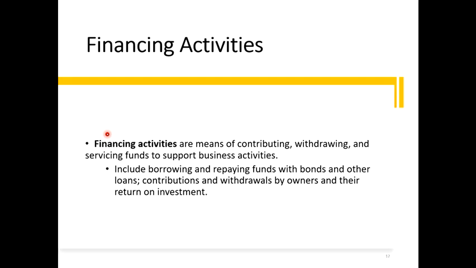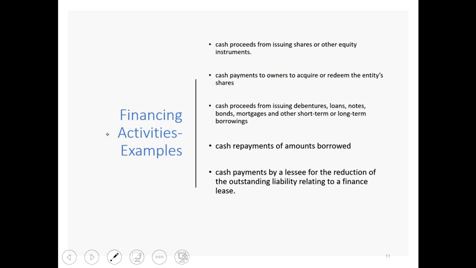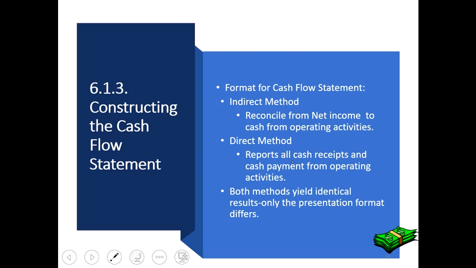Kalau ada penambahan atau penurunan, itu kita akan masukkan dia ada financing activities, nanti akan show. Okay, so nampak ni, cash proceed from issuing shares or other equity instrument, cash payment to owners to acquire or redeem the entity's shares, cash proceeds from issuing debentures, loans, notes, bond, mortgage, and other short-term or long-term borrowing, cash repayments of amounts borrowed, cash payment by a lessee. Semua financing activities.